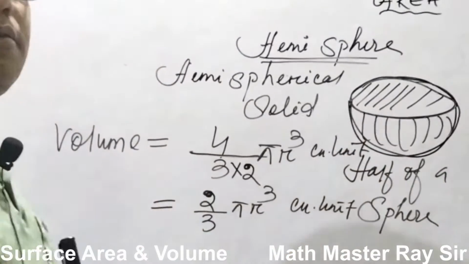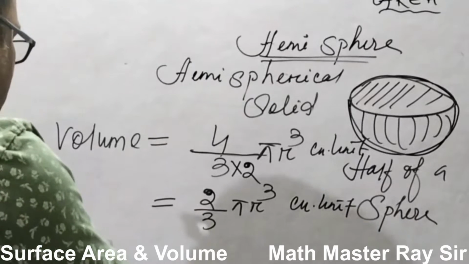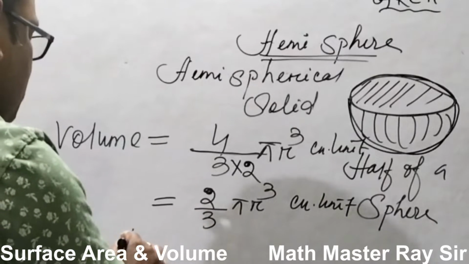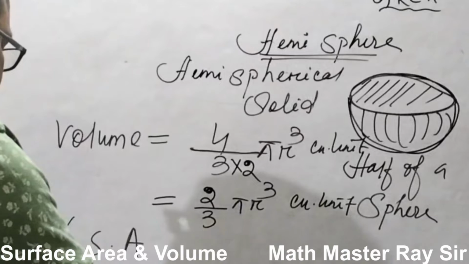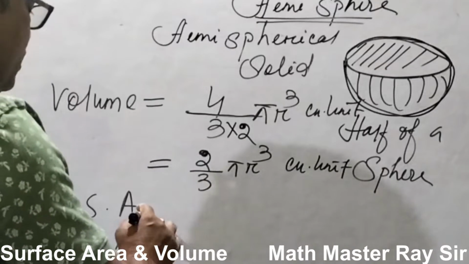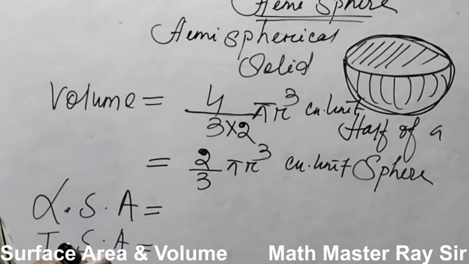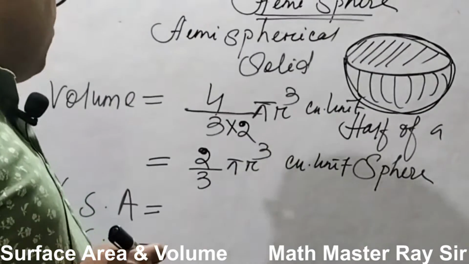2 by 3 pi r cube. In case of lateral surface area and the total surface area, we have to find these two types of areas. Here we will find lateral surface area and total surface area.